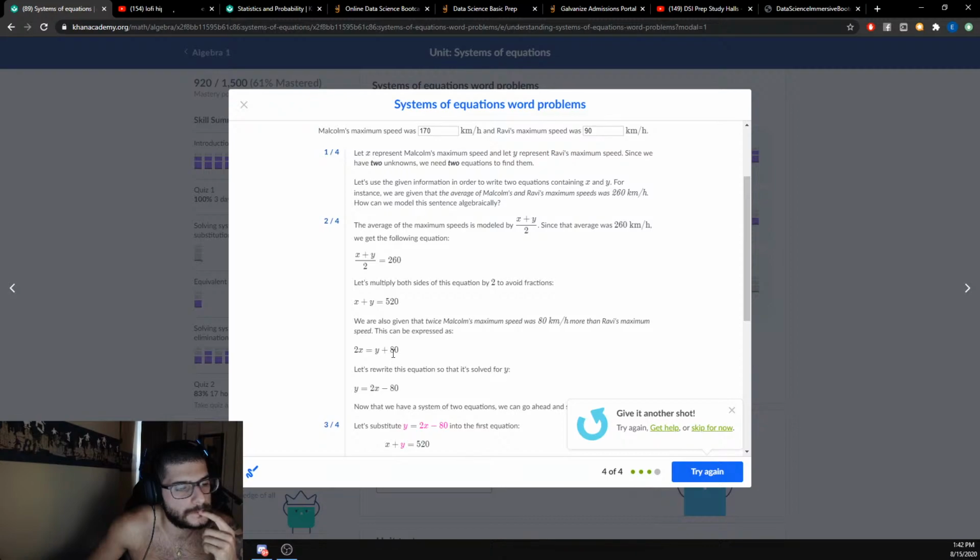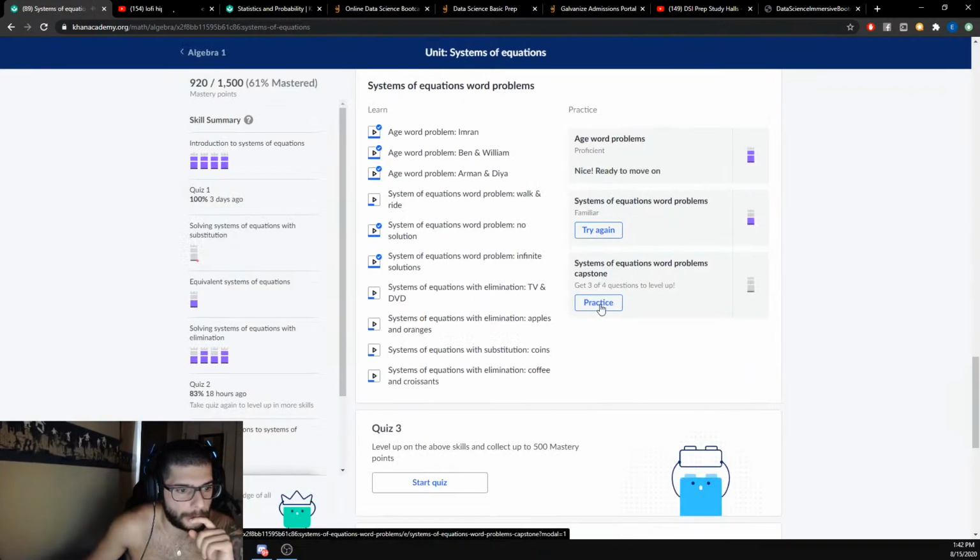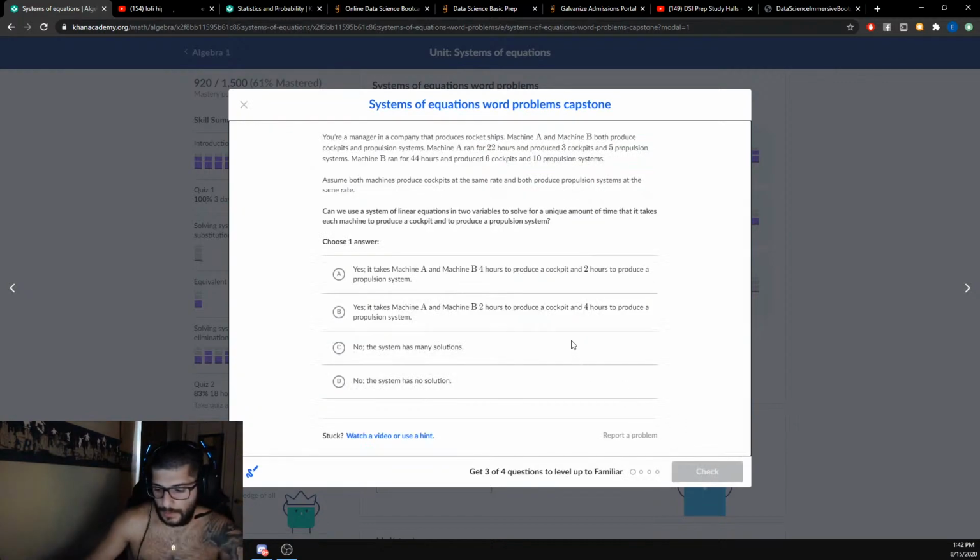Okay, so we do 2x. So it's gonna be 22. So if we multiply this by negative 2, it will equal negative 44, negative 6, negative 10, infinite.